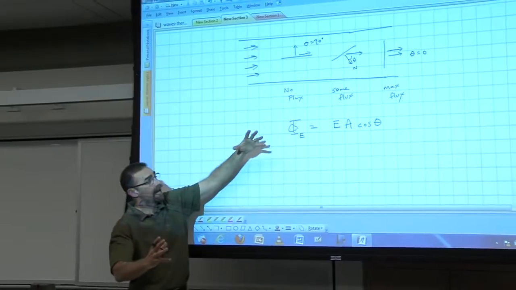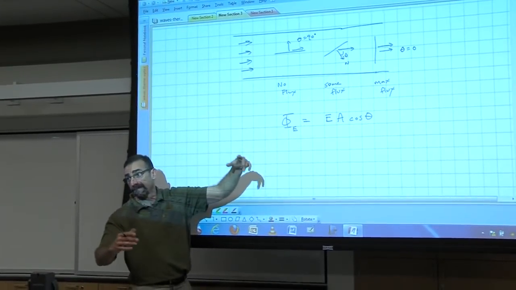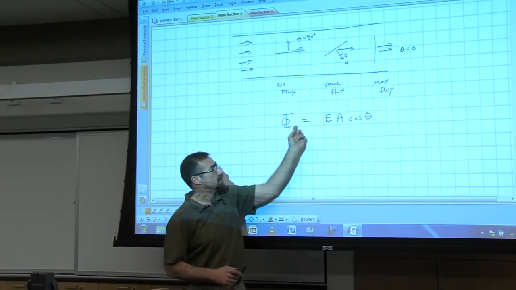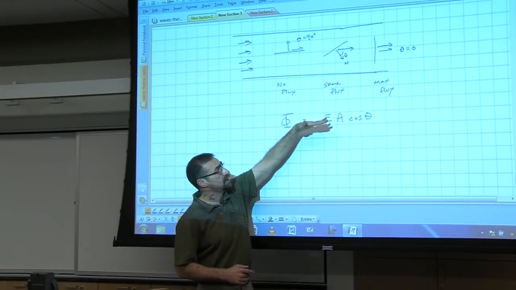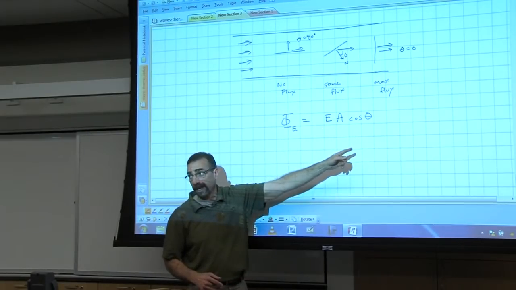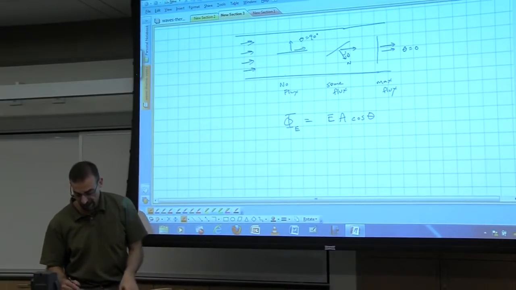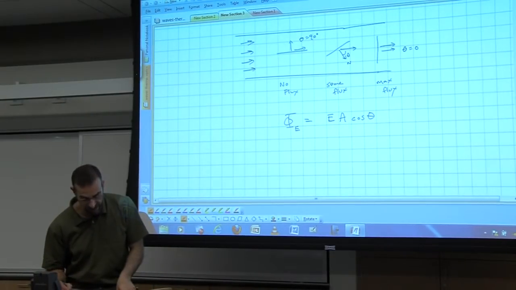If you get a bigger net, increase the area, more water flows through the net. Increase the area, more electric flux. And then, of course, the orientation comes into play. You can maximize it, minimize it through the orientation. So that makes sense. So the same is true for magnetic flux.